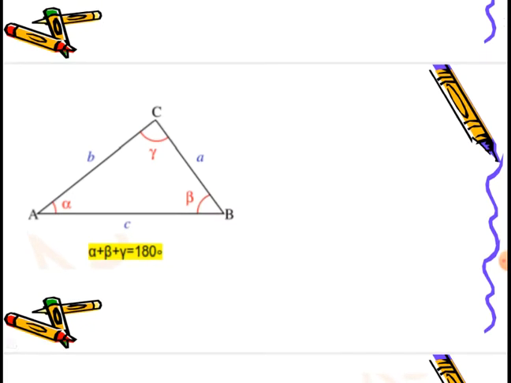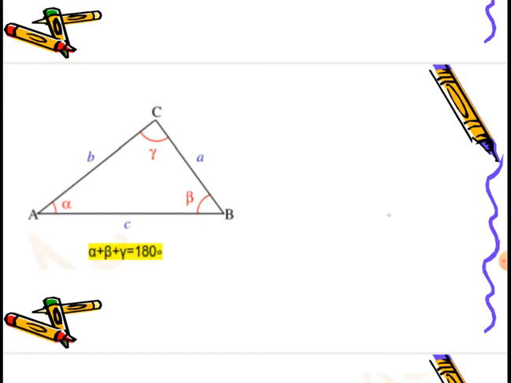Basically, our introduction to trigonometry is the study of triangles. If we have the triangle ABC, it has inner angles alpha, beta, and sigma. Yung total nila ay 180.